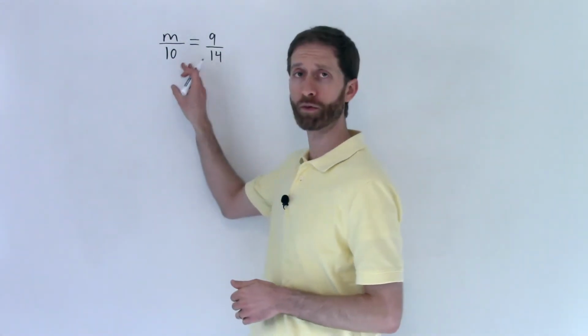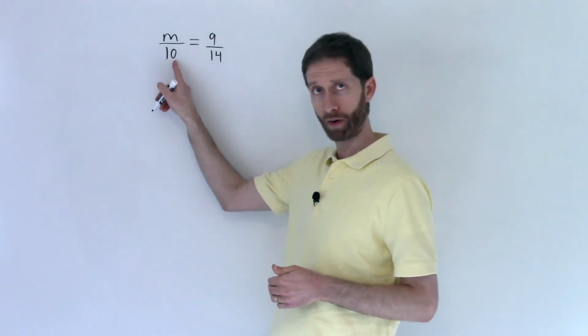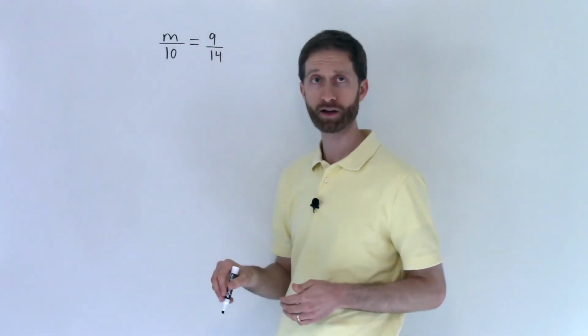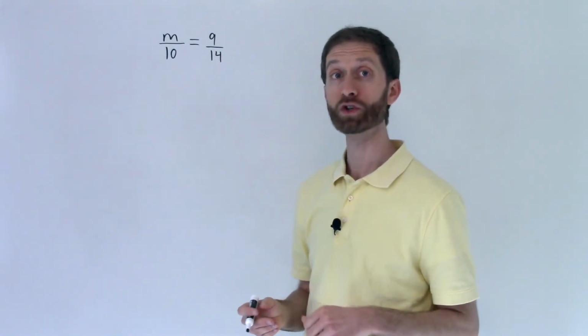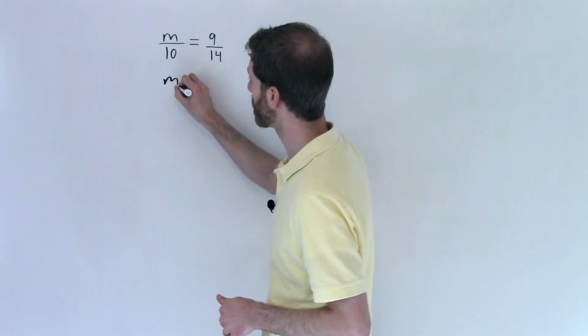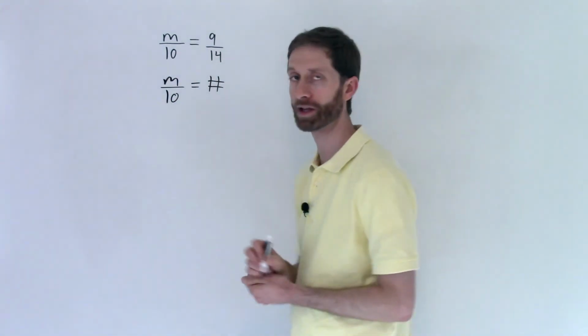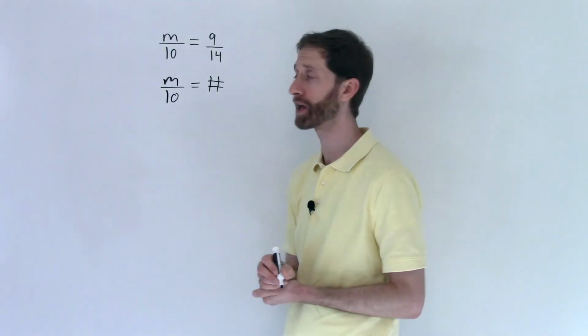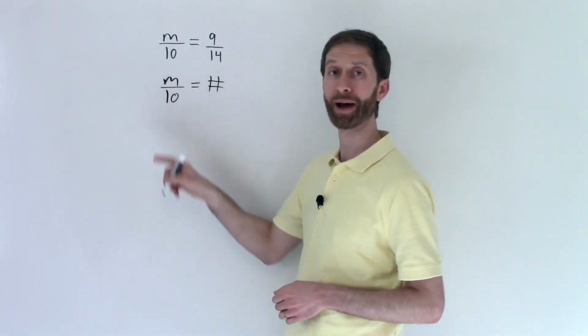So that alternative approach works when you've got a variable over a number equals that fraction. So instead of using cross multiplication, if you choose, you can look at this as an equation where you have basically like m over 10 equals some number. So that's how I'm looking at that equation. So instead of doing cross multiplication, I'm thinking, how do I undo m divided by 10?